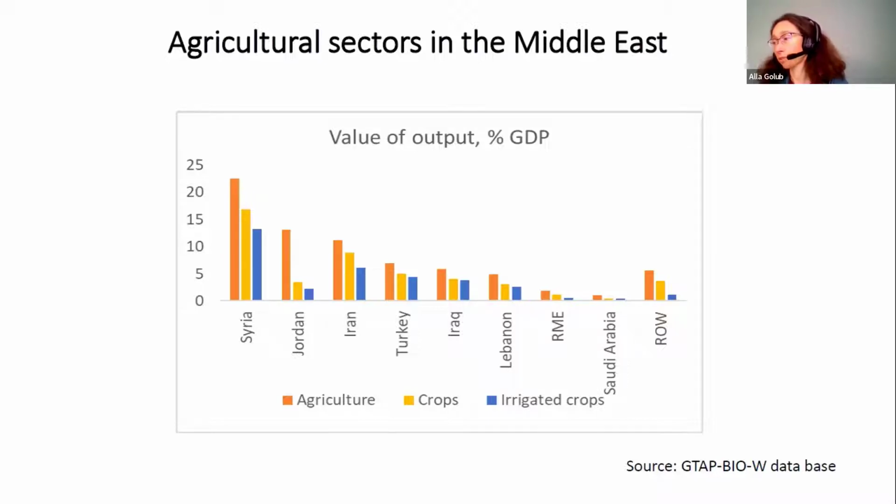In Jordan, however, livestock sectors play a larger role than crop sectors. Crop sectors as a share of GDP are largest in Syria and Iran, and a comparison of yellow and blue columns shows that most of the crops in the Middle East are irrigated.